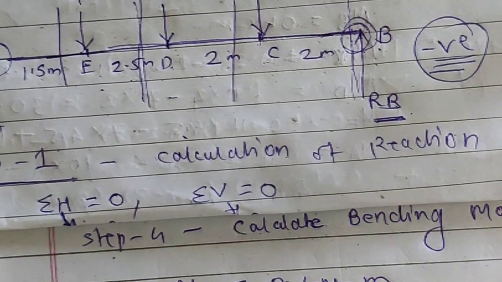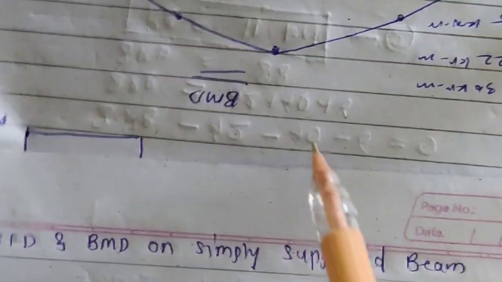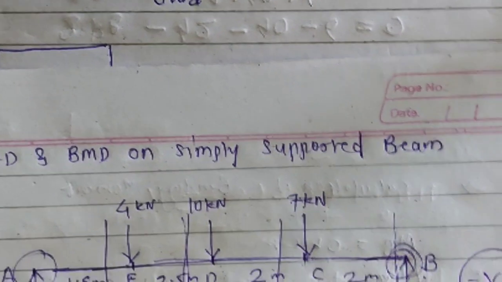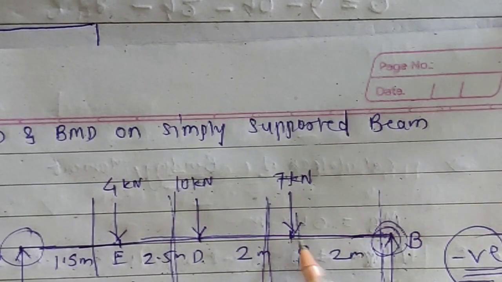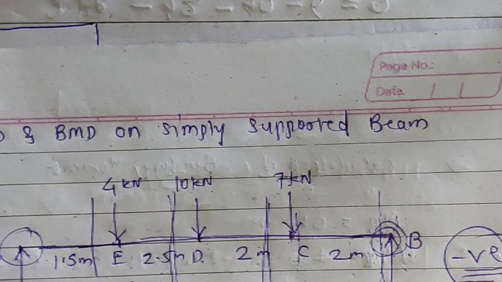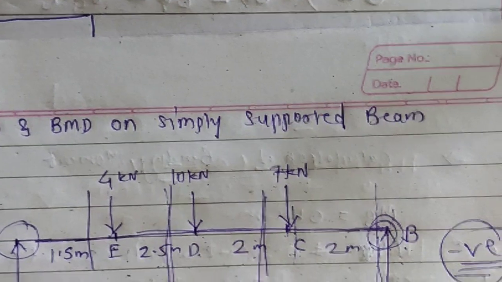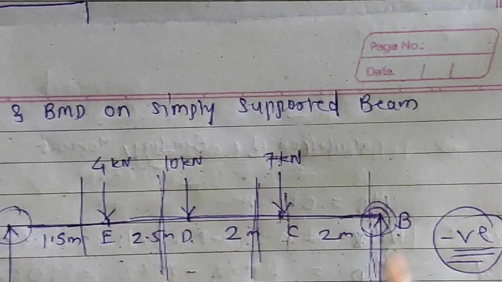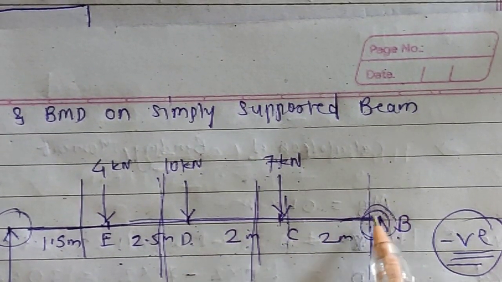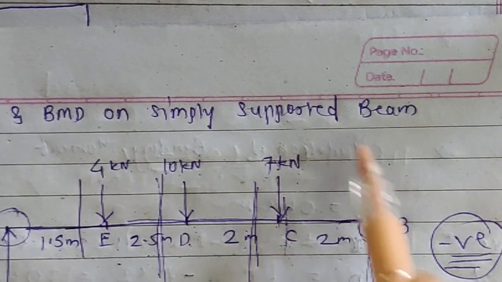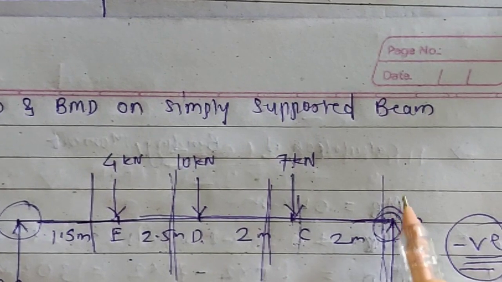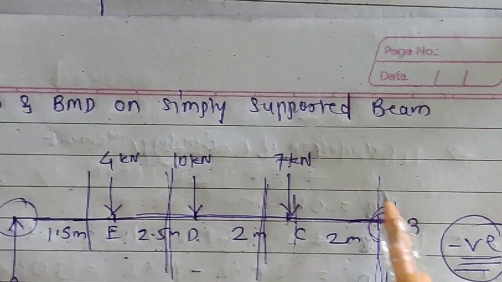Now we calculate bending moment at C. So here at C we take section. Okay, at the right side only one reaction is coming, which is RB. RB is going from downward to upward, which is also anti-clockwise direction. So we take anti-clockwise direction as positive.